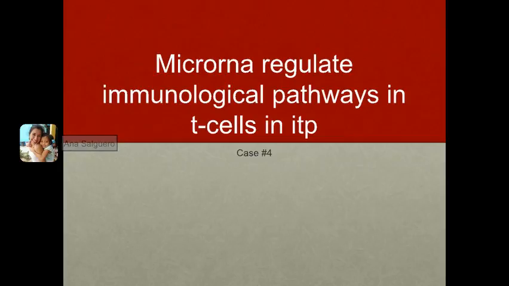The American Society of Hematology conducted a study on how microRNA regulates the immunological pathways in T cells in ITP. The study focused on how microRNA in plasma levels of the target gene CXCL13 differ between ITP and controls, indicating that microRNA may be important in ITP.